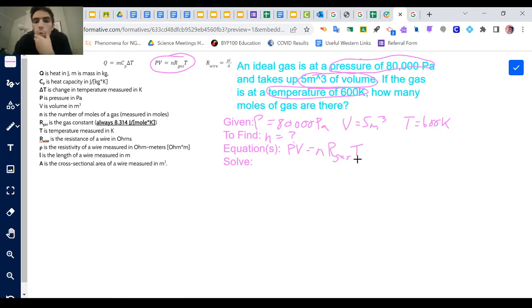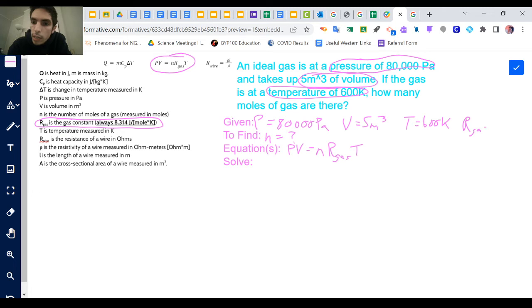Okay, now there's one issue that you may be noticing here, and that's that we know the pressure, we know the volume, we know the temperature, but we don't know n. We also don't know what this R is, unless you remember from chemistry. That R is a gas constant, and if you look over here in the information given to us, it is always that same number, 8.314 joules per mole Kelvin.